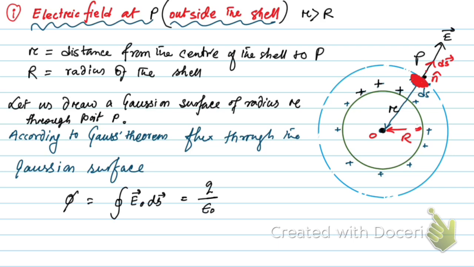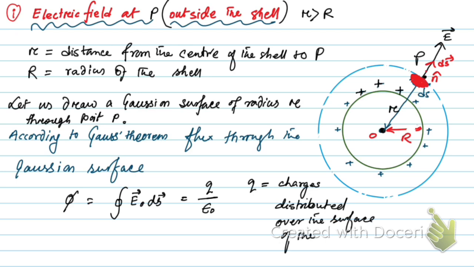Here q is the charge distributed over the surface of the cell. So the total amount of charge distributed over the cell is q.